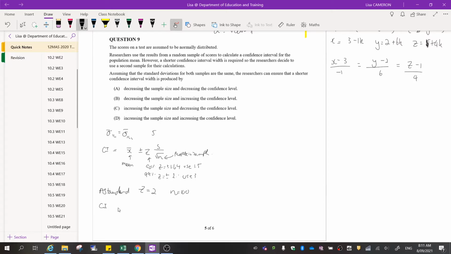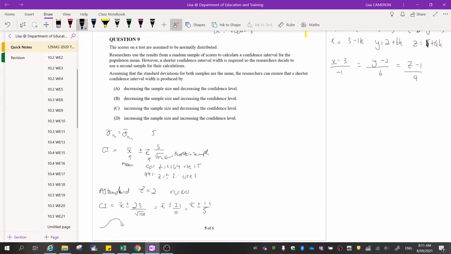Then the confidence interval will be equal to x plus or minus 2 times the standard deviation divided by the square root of 100, which will be x plus or minus 2S over 10, which will be x plus or minus S over 5.